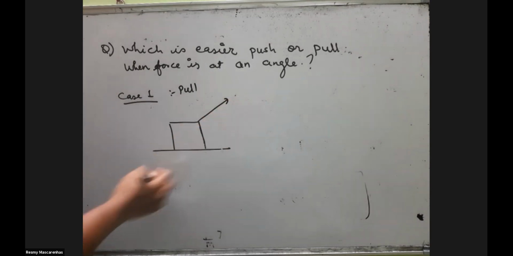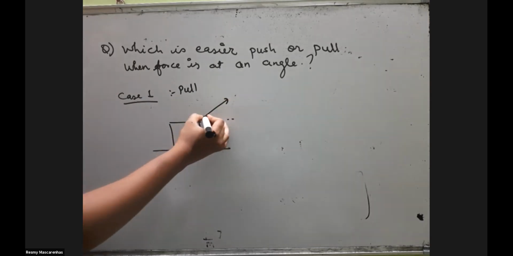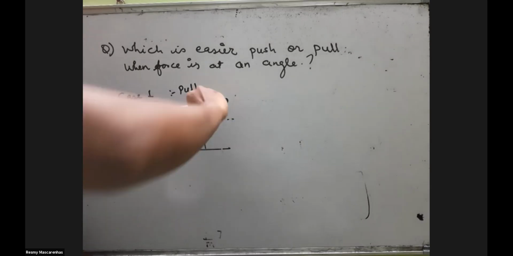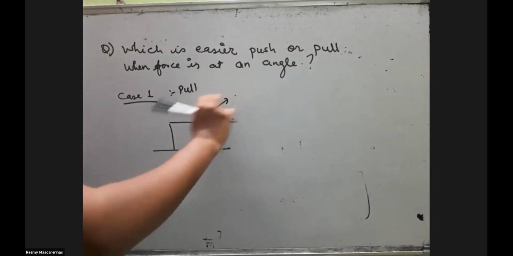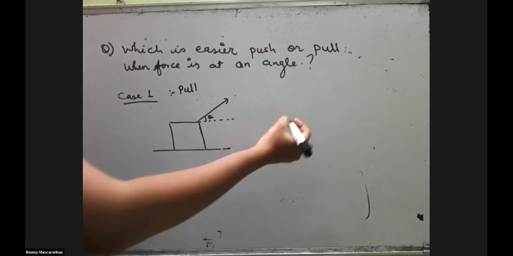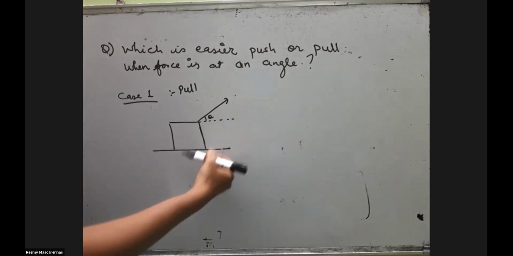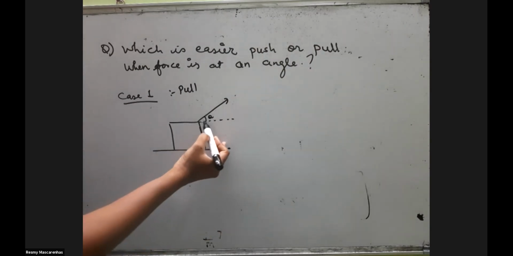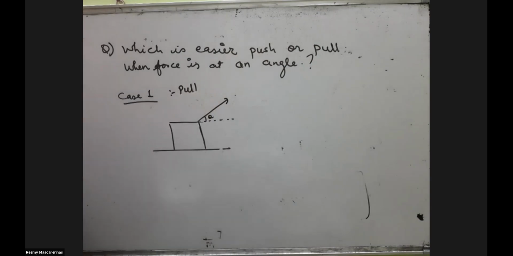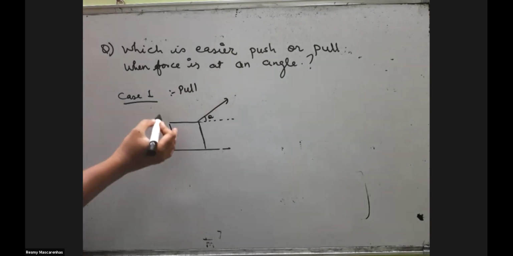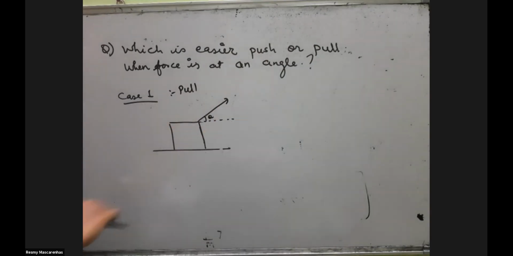Suppose I'm trying to pull this at some angle. Pulling means the arrow will be in this direction. Pushing would be, later I'll draw after this, the arrow would have been this side, like I'm trying to push, or this side, like this arrow, if I want to push this object.